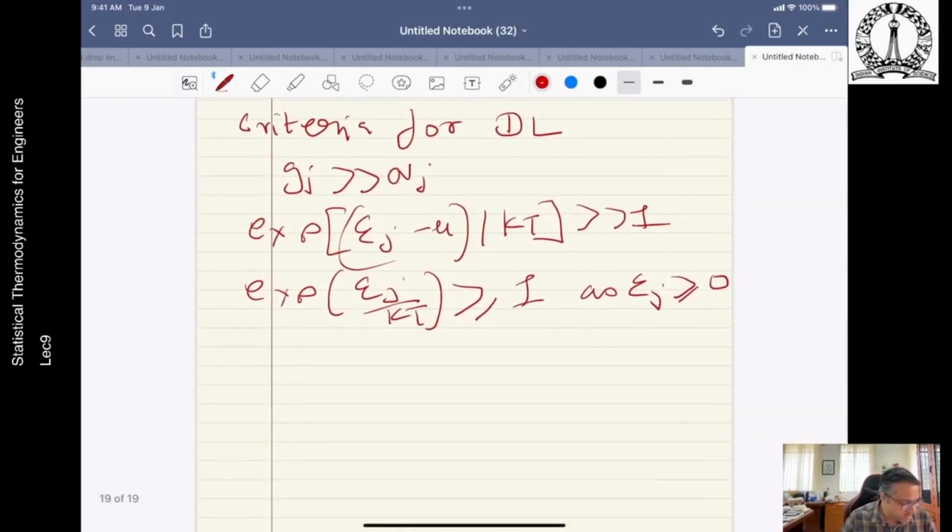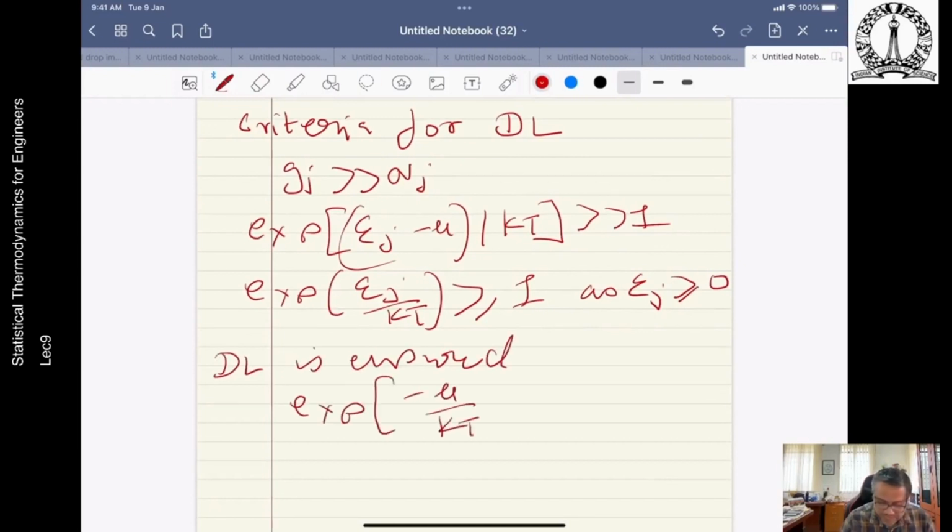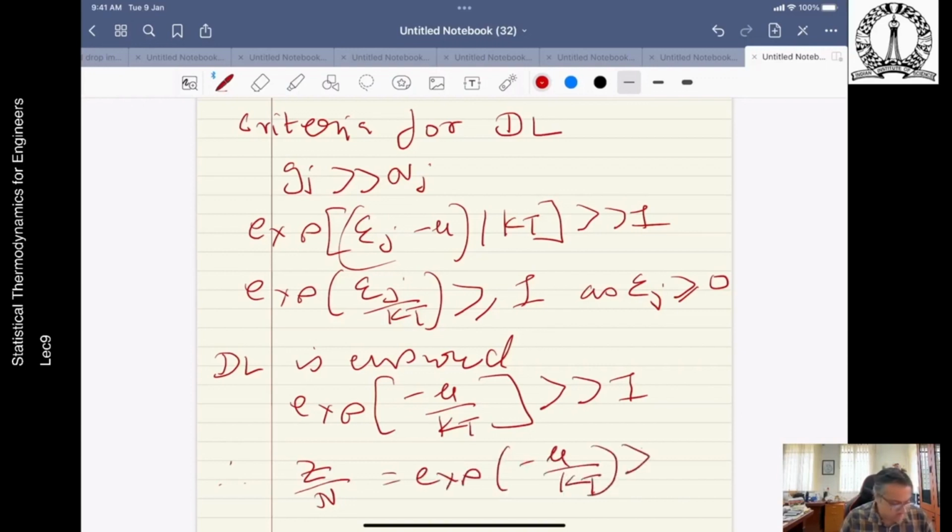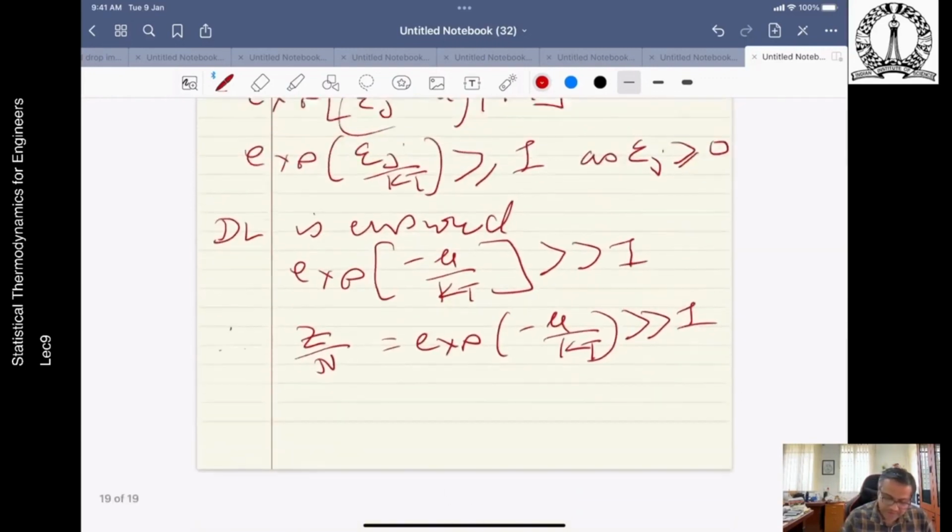So the dilute limit is ensured if exponential of minus mu by kT is much greater than 1. Therefore Z by N, which is nothing but exponential of minus mu by kT, is much greater than 1.